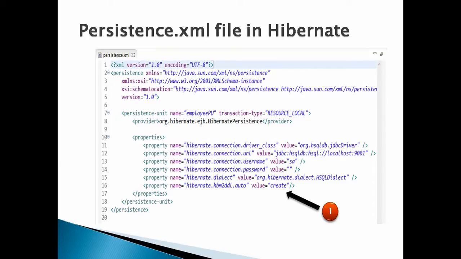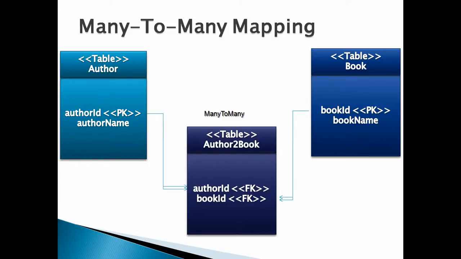Moving ahead. Let's see what is many-to-many mapping in the database model. Here, an author can write many books, and a book can be written by many authors. Therefore, author to book is a many-to-many relationship. The author table has a primary key as author ID, and the book table has a primary key as book ID.